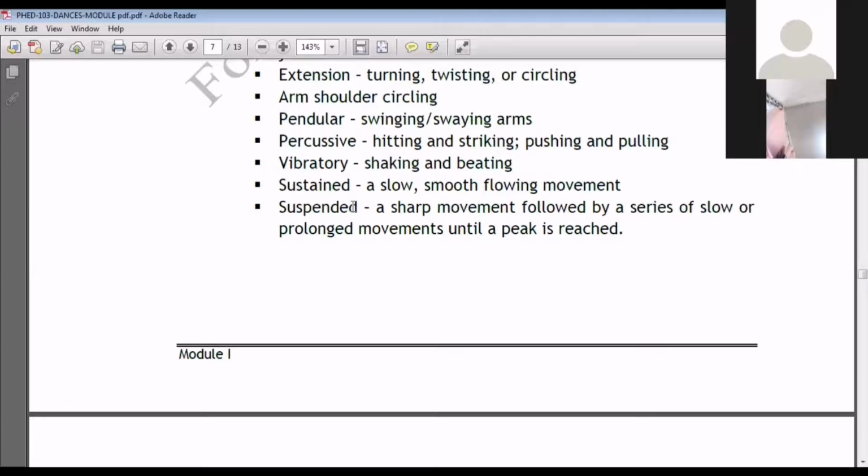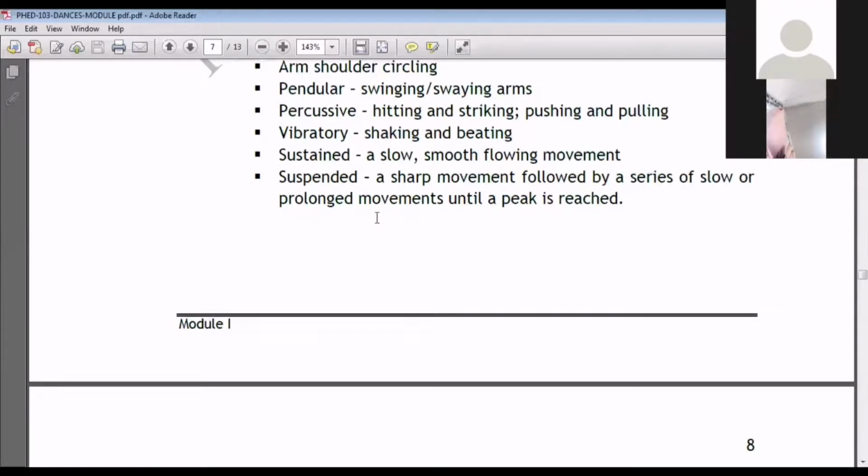Like for example, ano ba yung mga pwede dyan? When you shift a certain part of your body but you are not moving. It's completely different with sliding. Then suspended, a sharp movement followed by a series of slow or prolonged movement until it's reaching the peak.